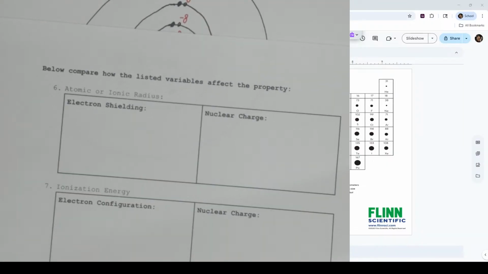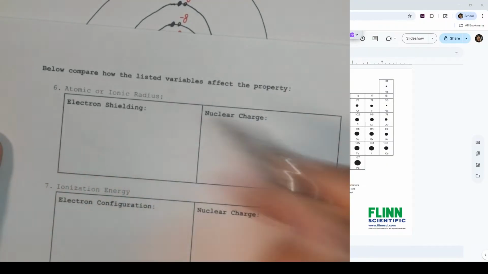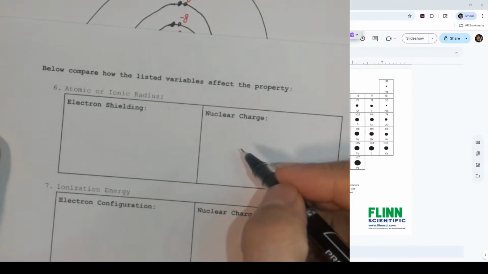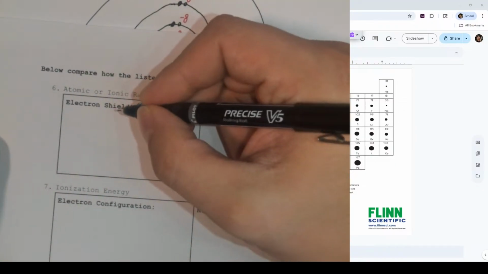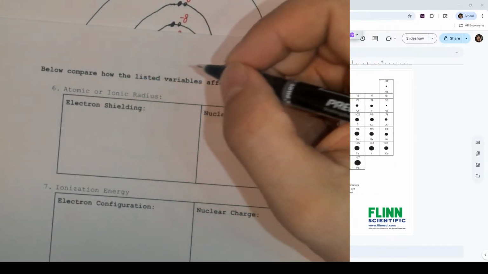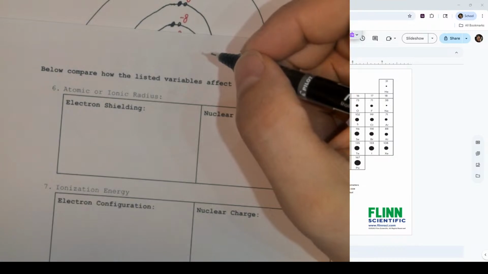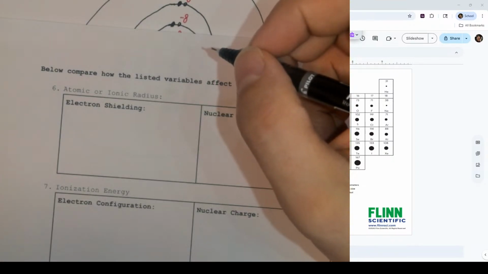we just saw the difference between the ionic radius and the atomic radius. So electron shielding, these both stay the same because I'm keeping the same atom. So these variables stay the same, except how would you find which family it's in using mole, and how do you calculate it?